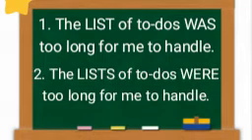Now, as you observed in the first example, the subject is the list, it is singular. So we use the linking verb was. However, in the second example, the list has s, it is plural. That's why we use the linking verb were.